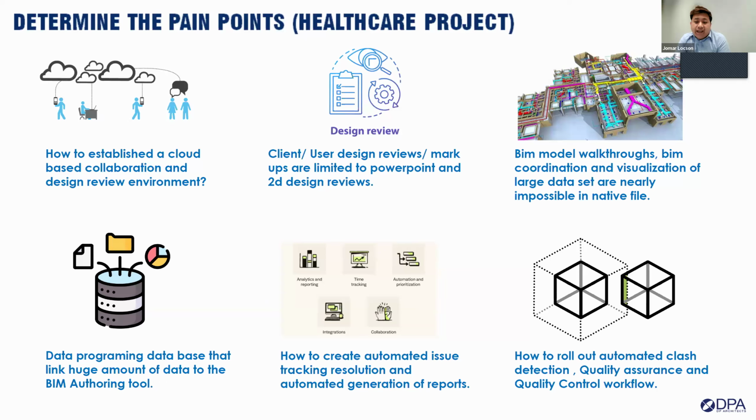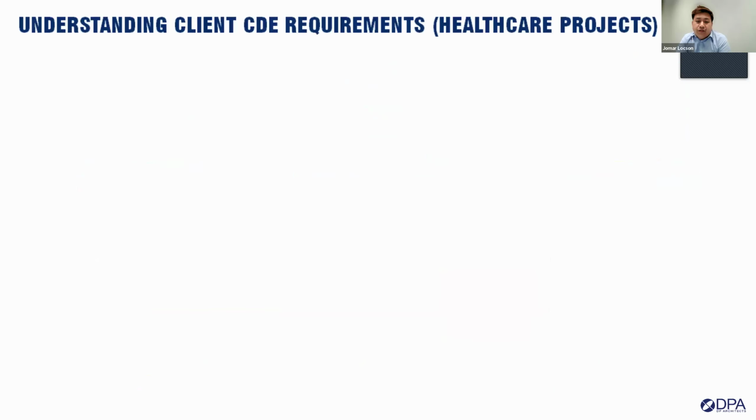Another pain point is the creation of automated clash detection, and how we do our quality assurance and quality control. The next step is to map it out versus our client's CDE requirements, or common data environment requirements.